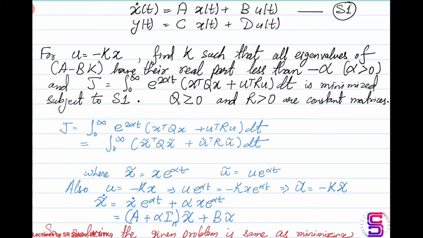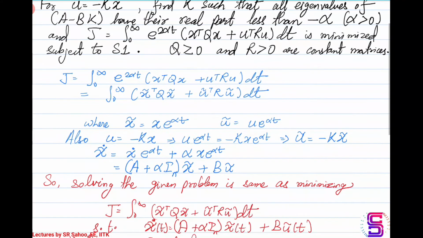Okay, so if you rearrange the terms that you have in J, then J can be expressed as a quadratic expression in the form of x tilde and u tilde, where x tilde is nothing but x e^(αt) and u tilde is nothing but u e^(αt).